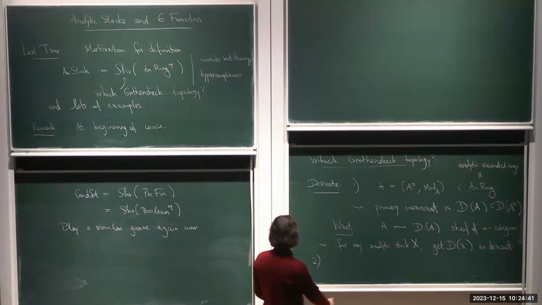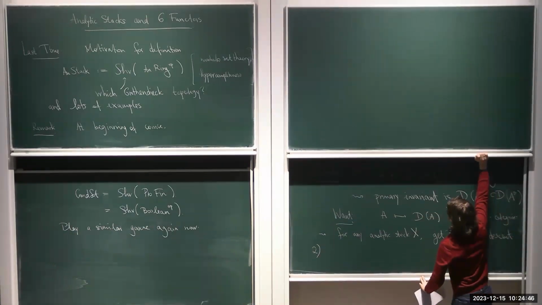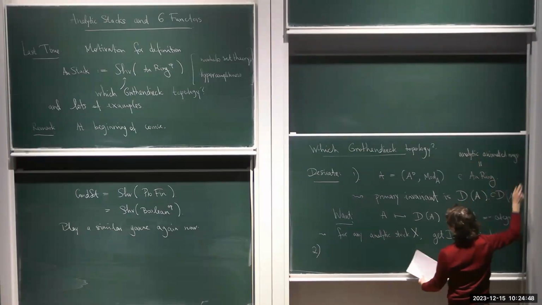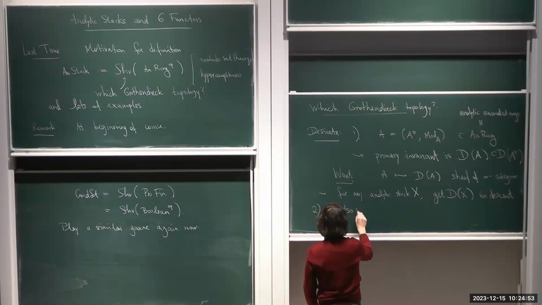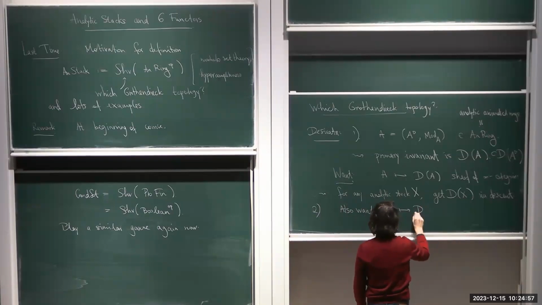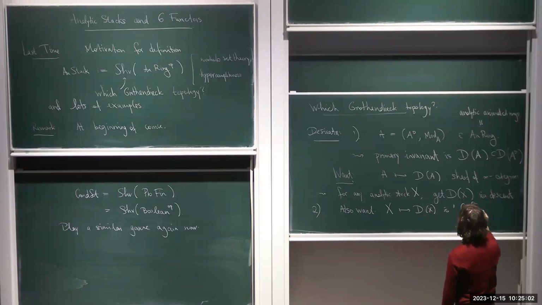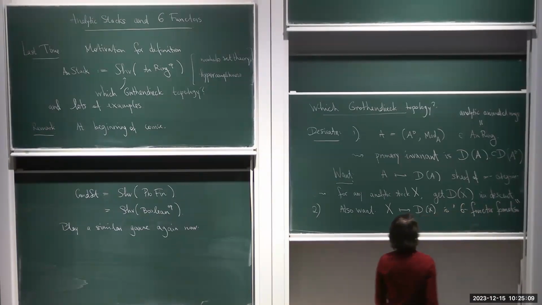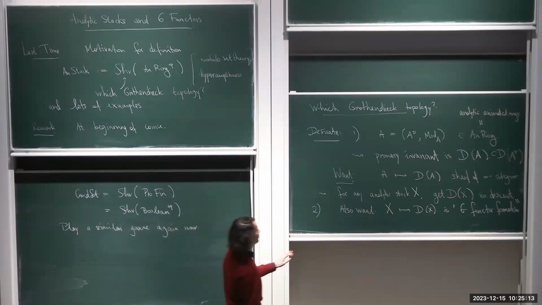So we also want that X maps to D of X to be one of the 6 functor formalisms. So let me say a little bit about what this is.